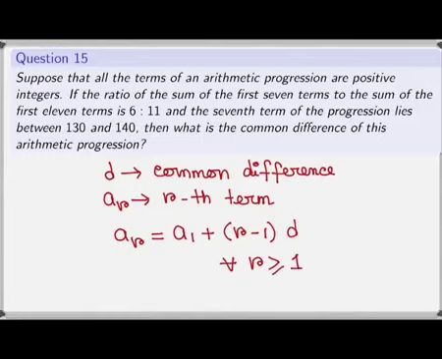We are given that A_n belongs to the set Z strictly bigger than 0. That means A_n is a positive integer for all n bigger than or equal to 1.